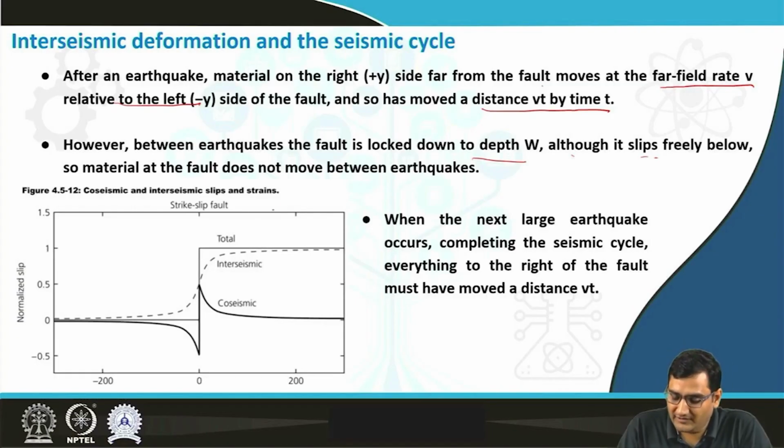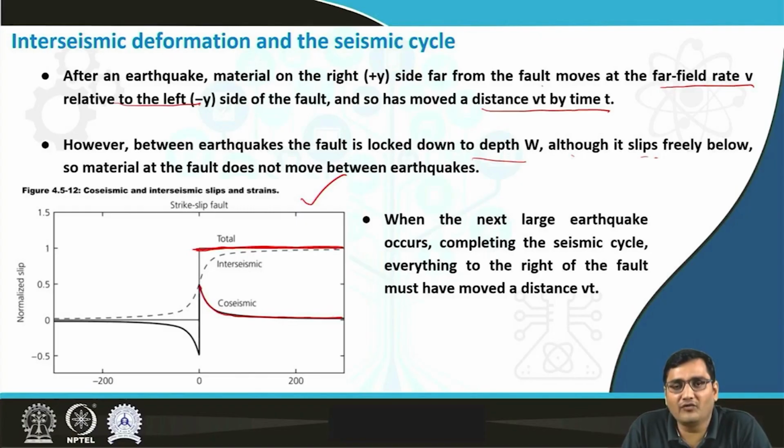So material at the fault does not move between earthquakes. If you look at this picture, you can see the co-seismic and the inter-seismic slips and strain. There is this total displacement, or total slip, at the plate boundary, and there is the co-seismic motion, that is the deformation at the co-seismic event during the earthquake.